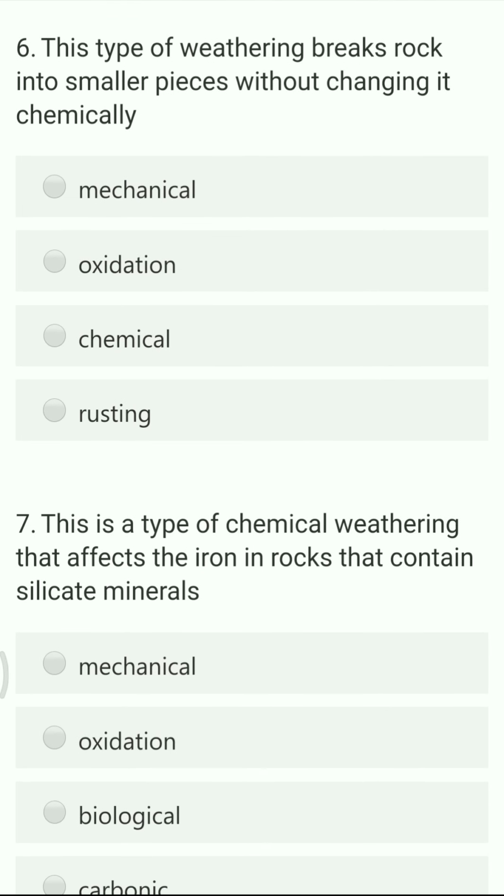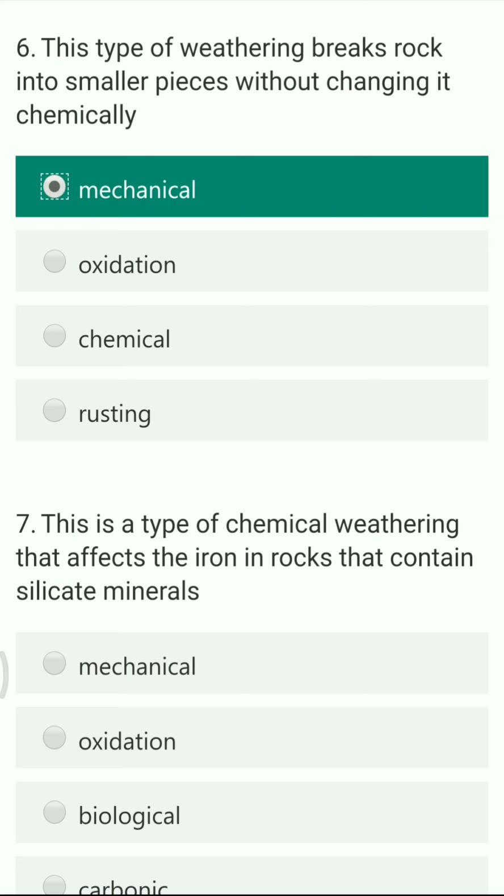Next question. This type of weathering breaks rock into smaller pieces without changing it chemically. The options are mechanical, oxidation, chemical and rusting. Oxidation and rusting come under weathering due to oxygen, which is a chemical weathering, and chemical is also part of chemical weathering.